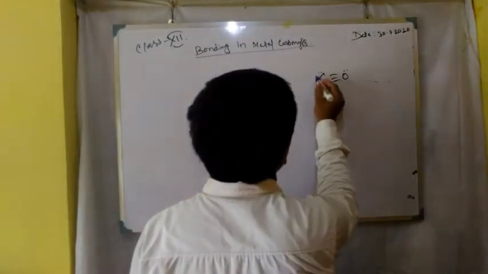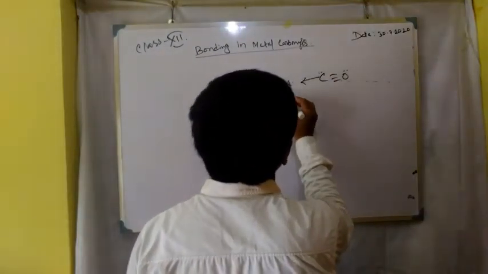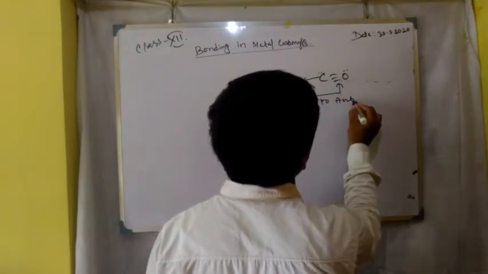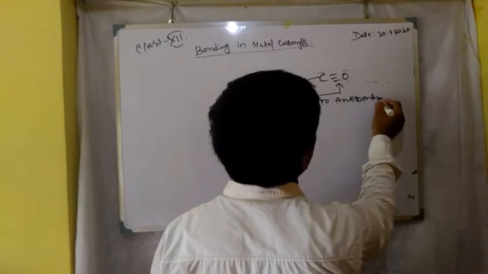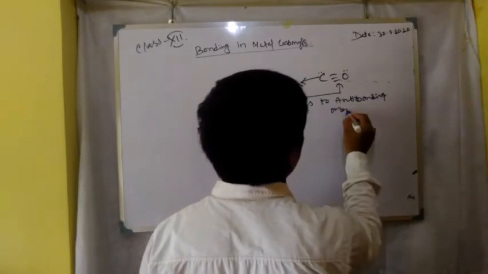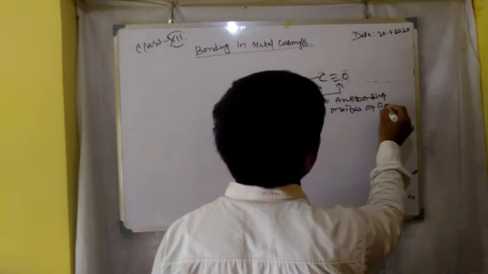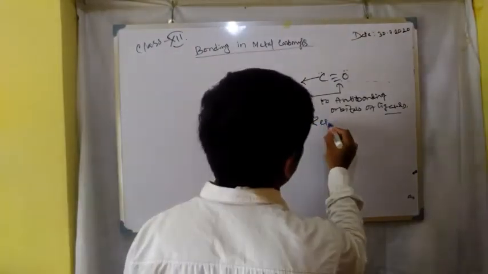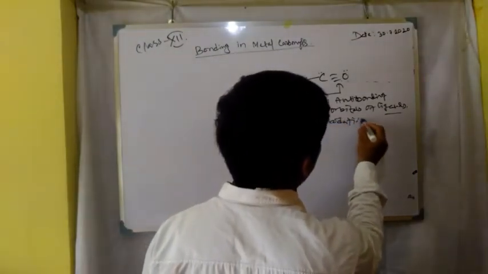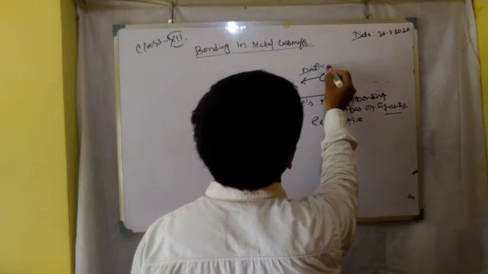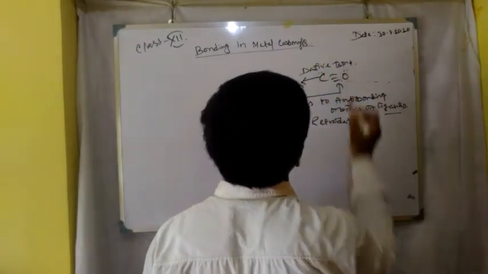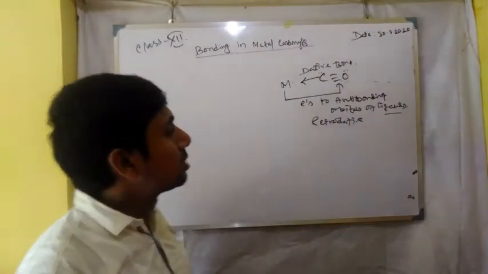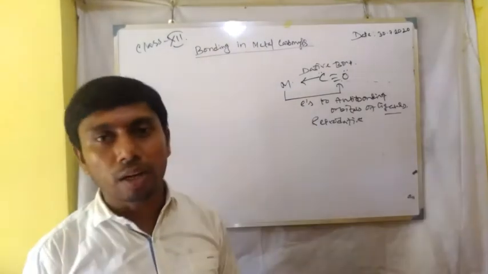That means the ligand's electrons go to the metal, and the metal gives electrons to the antibonding orbital of the ligand. So this is called the retrodative bond, and the other is called the dative bond. It is a different kind of thinking about metal carbonyl, and it is found to be due to the stability of the compound.